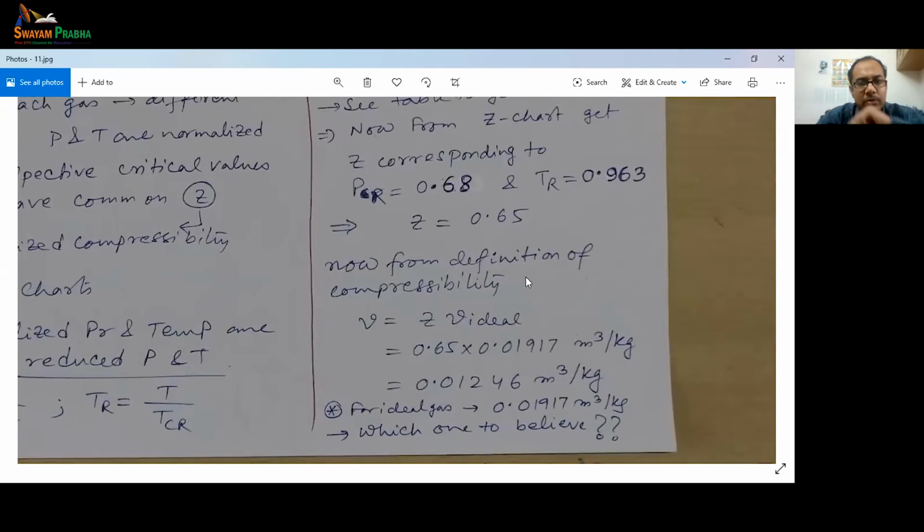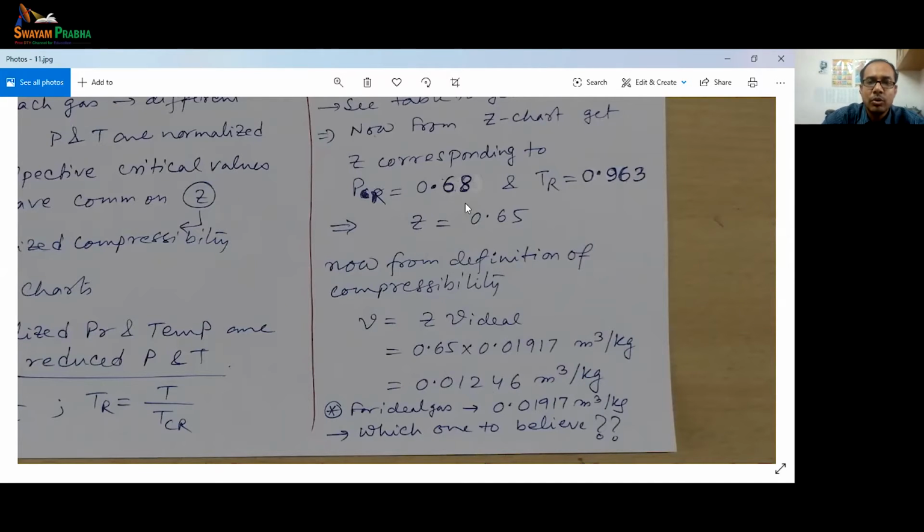Now, from the definition of compressibility, we can write that the specific volume is Z, the compressibility factor, multiplied by the specific volume if we assume ideal gas. This ideal specific volume we already obtained, and that is 0.01917 meter cube per kg. Now Z is the factor that is multiplied to it to get the actual or real gas value, that is 0.01246 meter cube per kg.